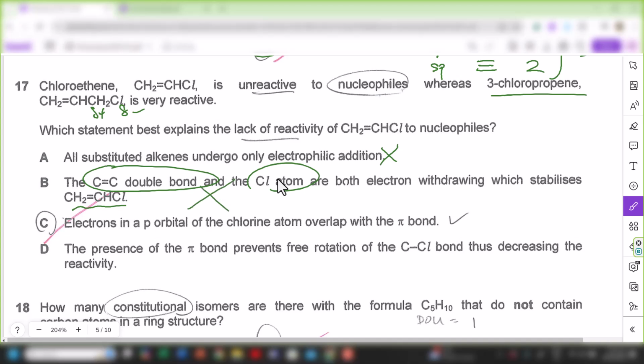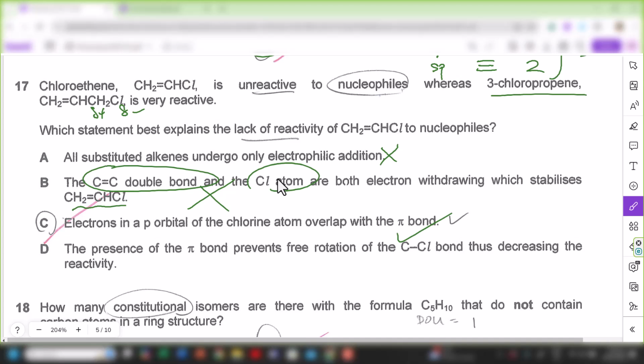C, electrons in the p orbital of the chlorine overlaps with pi bond. So I think in a more accurate language, the lone pairs delocalize across the CC pi system, strengthening the CCl bond. So the strengthening part actually helps to explain the lack of reactivity. So I think this will make a bit of sense. Not complete, it's part of it, but it makes a bit of sense, right?